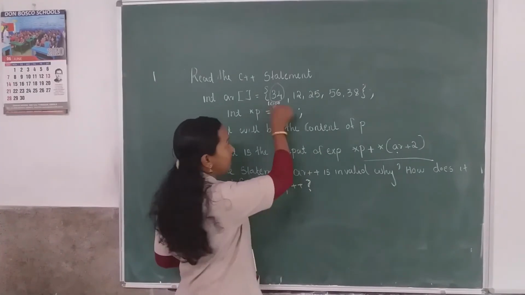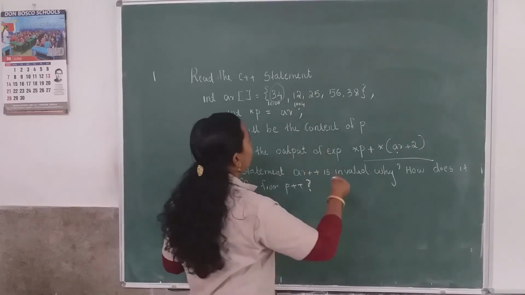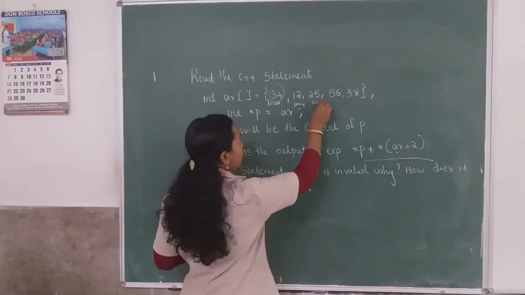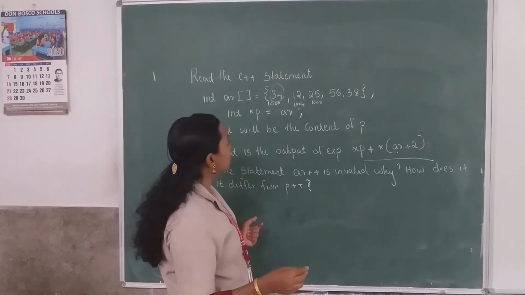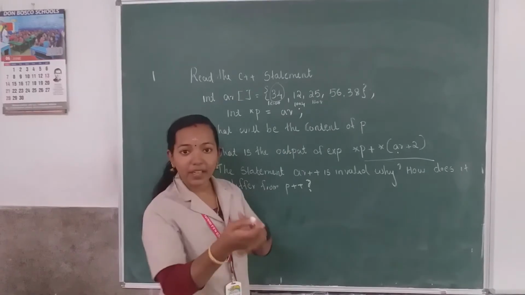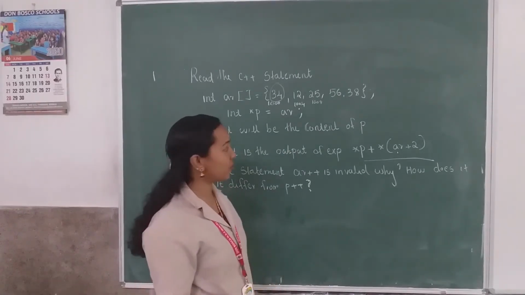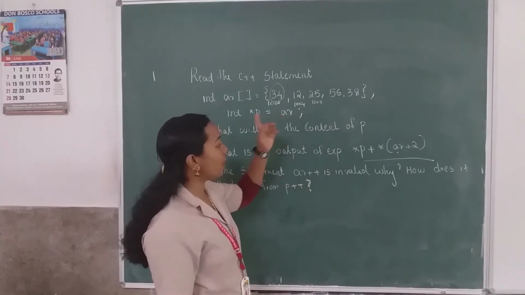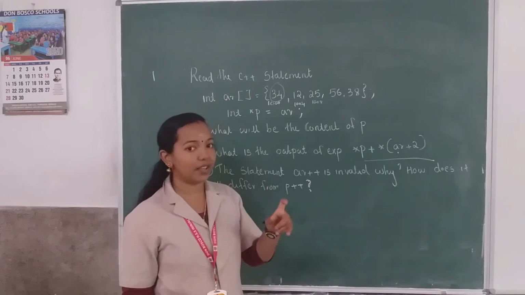That is 25. AR + 2 is not the value, it is pointing to a memory address. So let us assume this is 1000 and this is 1004, then this is 1008. Like this, the memory addresses will be, because it is an integer array, so plus 4 incrementation. When we write AR + 2, AR is pointing to memory address 1000.